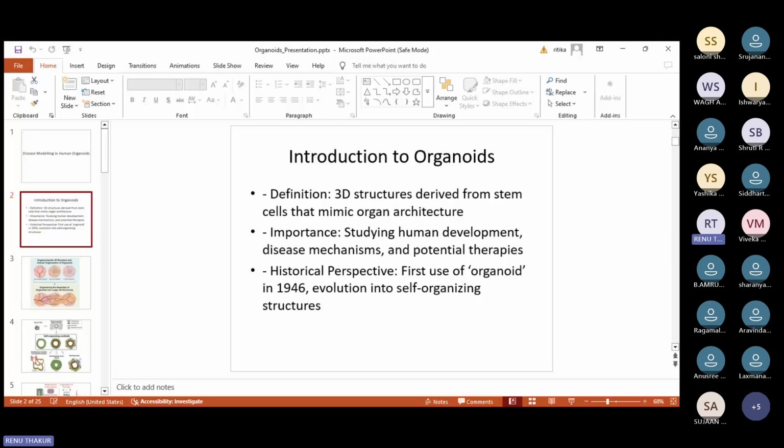So using stem cells, we can design a 3D structure of the brain, a 3D structure of the heart, a 3D structure of your kidney, and so on.